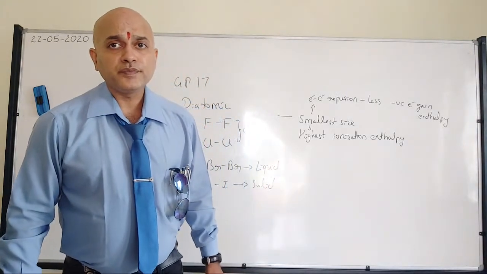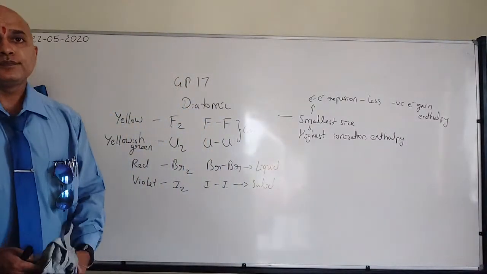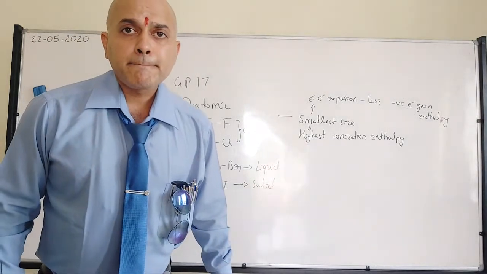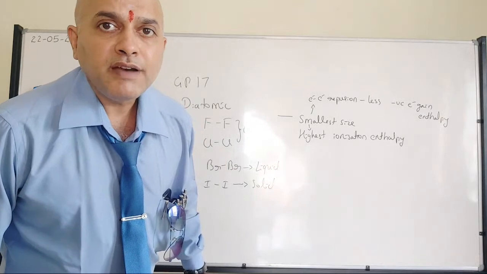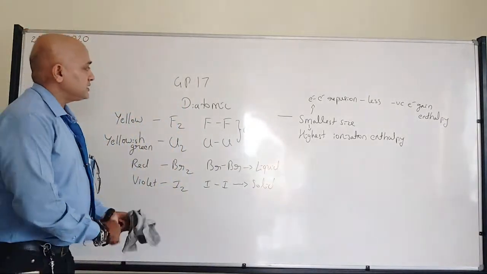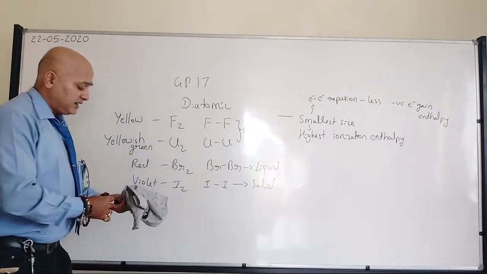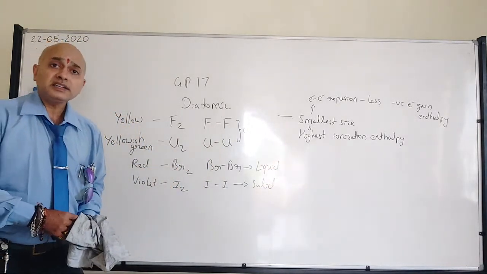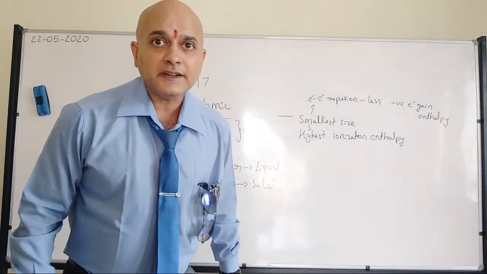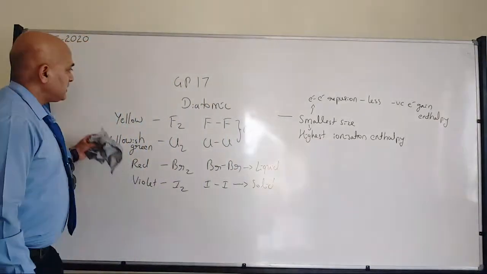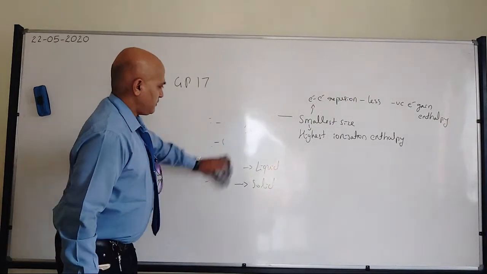Any one of you? Okay. Valency is 7, they need 8. Very good. So therefore, they will have a single bond and they will be in diatomic form to attain the octet state. Very good answer. Yes, Kritik. Even Purnima, you people are absolutely right. To attain the octet state, they will be in the diatomic form.